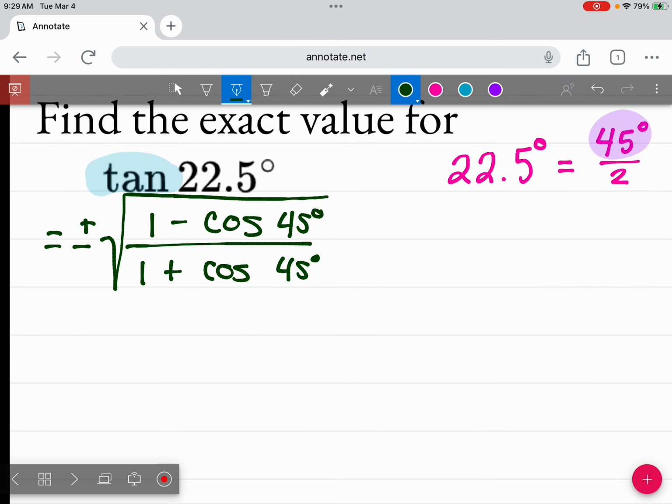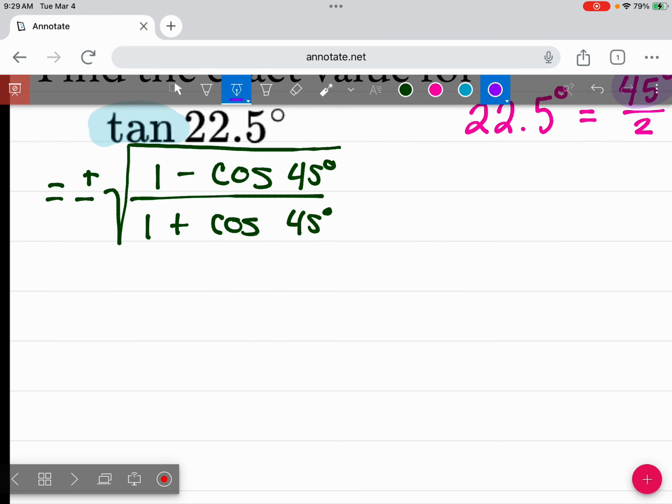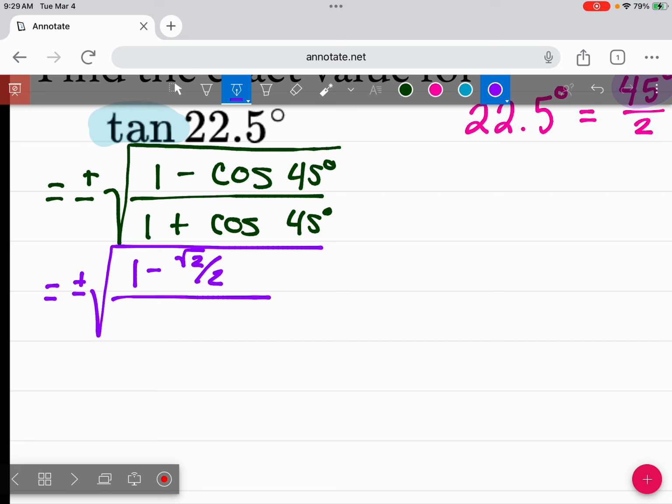What is cosine of 45 degrees? Square root of 2 over 2. So for both of them, I replace it with that. We're going to have plus or minus our gigantic square root of 1 minus root 2 over 2 and 1 plus root 2 over 2.